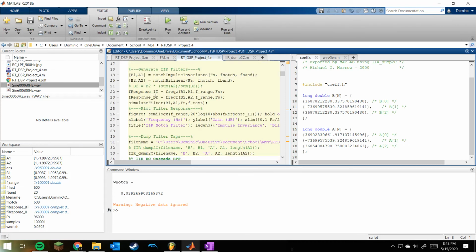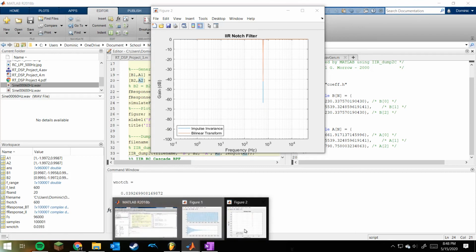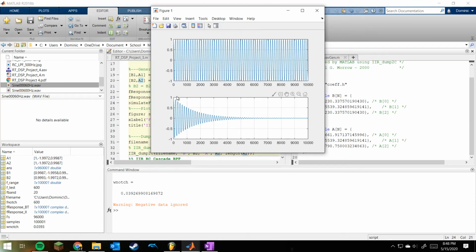Oh, and just to be sure we're doing the simulation here, let me go ahead and do that. So there we go. Simulation still shows us doing the attenuation there. You can see, compared to before, we do still get some coming through there.